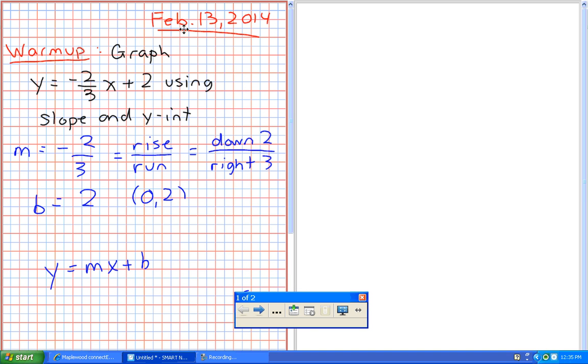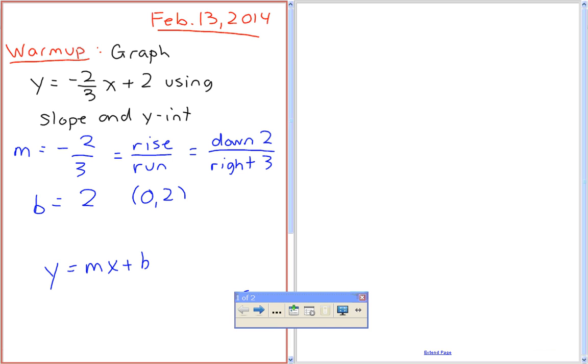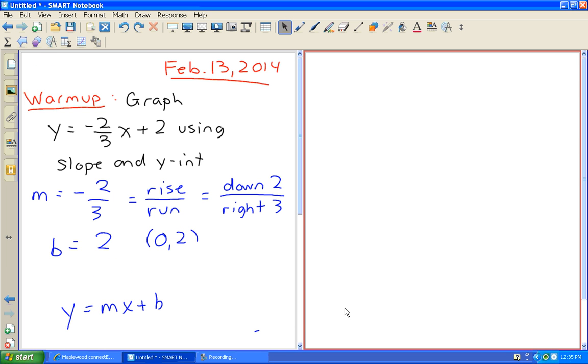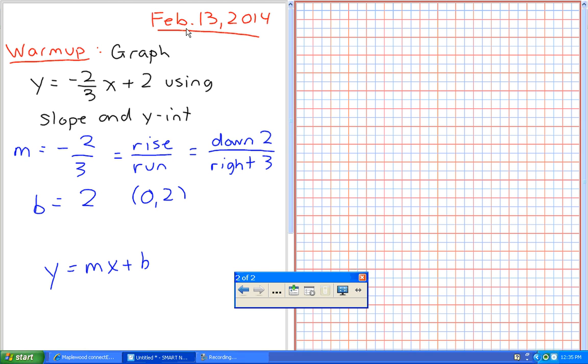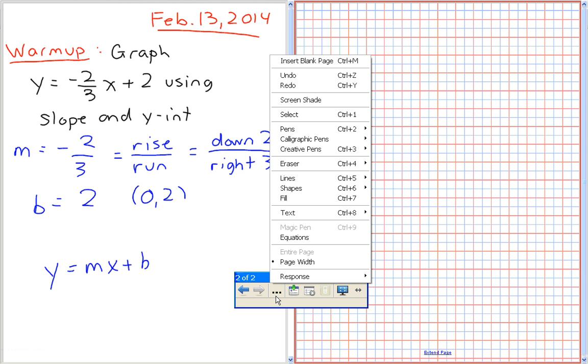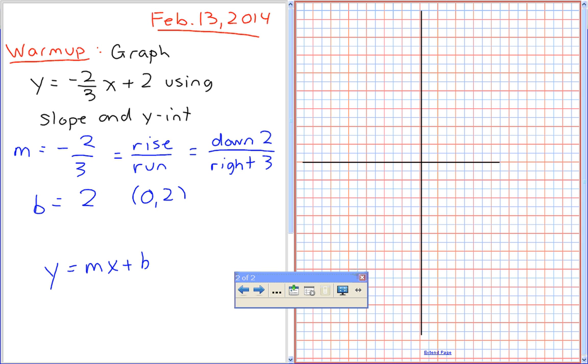Ah, good. What's the first thing I have to do for my graph? You make an X and Y. Yeah, good. Okay. So, again, of course, you're using your ruler as nicely as you can. Okay, and you're going to put x-axis and y-axis in there. Oops, that's a y up there, sorry.